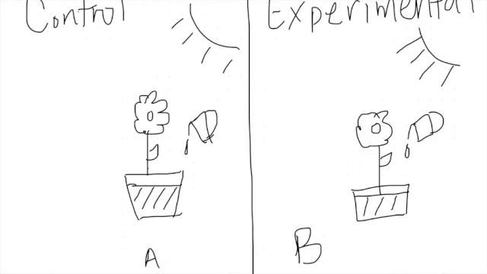So I'm going to say for this one that we're going to put in some fertilizer. That fertilizer goes into the soil, and we're going to say that the fertilizer makes the plant grow taller. Okay? So in this case, the fertilizer would be the independent variable.